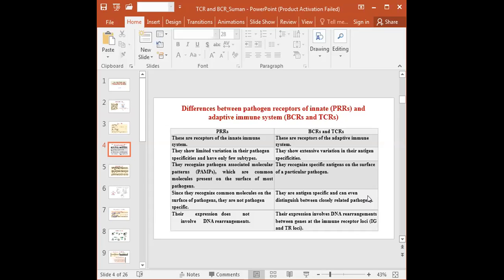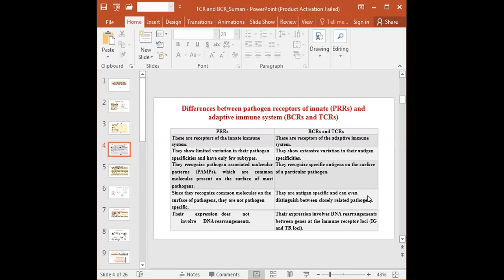PRRs show limited variation in their pathogen specificities and have very few subtypes, but on the other hand, BCRs and TCRs show extensive variation in their antigen specificities. PRRs recognize pathogen-associated molecular patterns, which are common molecules present on the surface of most pathogens. On the other hand, BCRs and TCRs recognize specific antigens on the surface of particular pathogens.